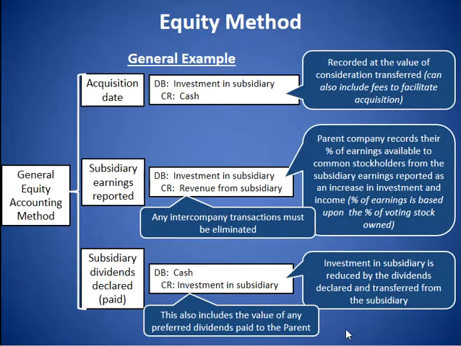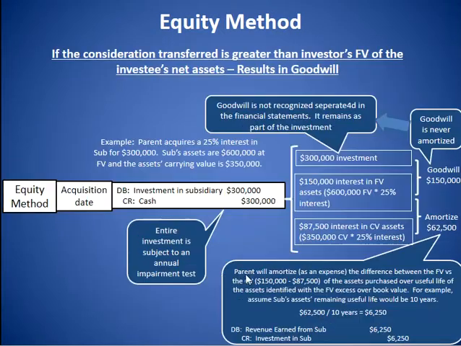So that's the general accounting: the acquisition, the percentage of earnings earned, and then when dividends are paid, we reduce the investment.